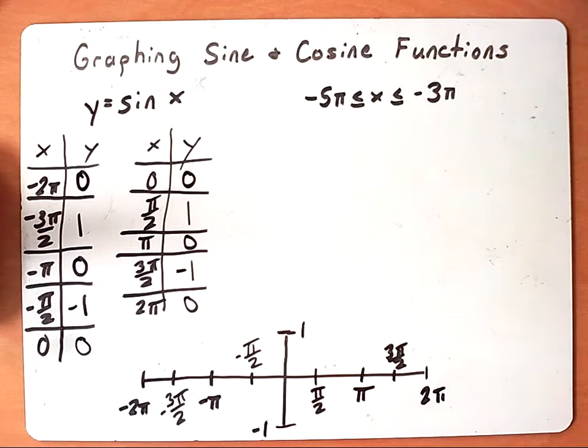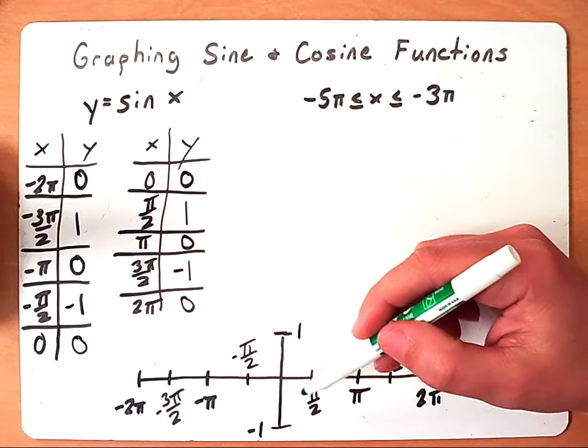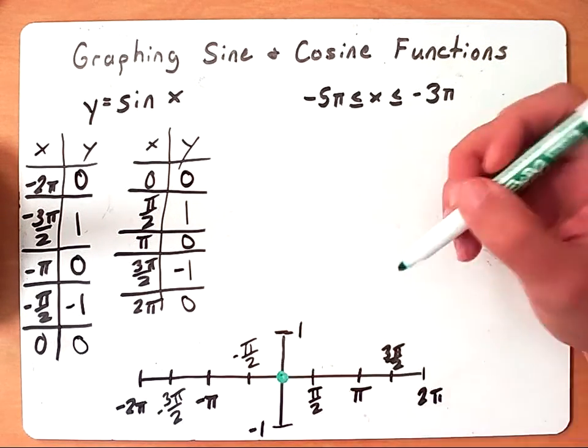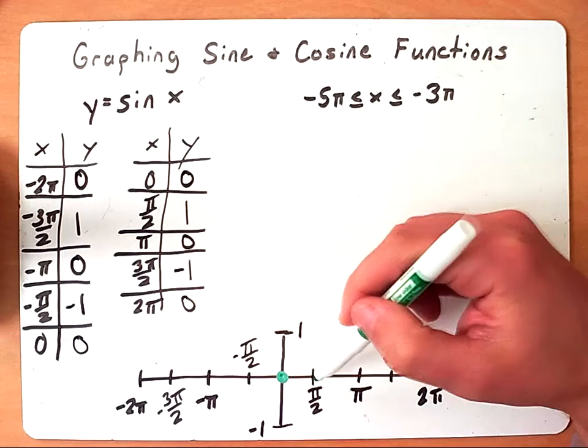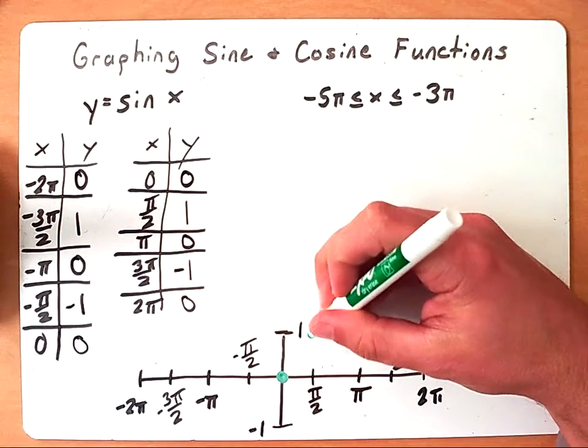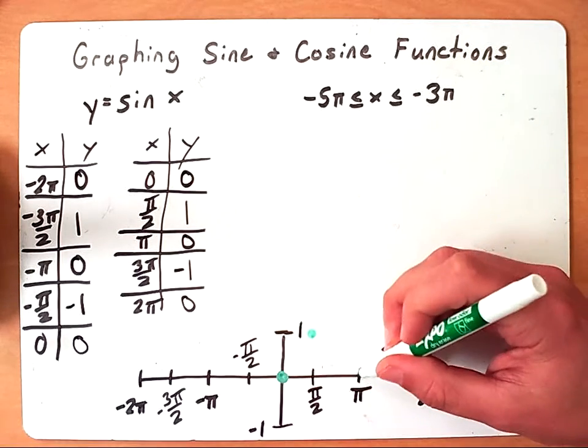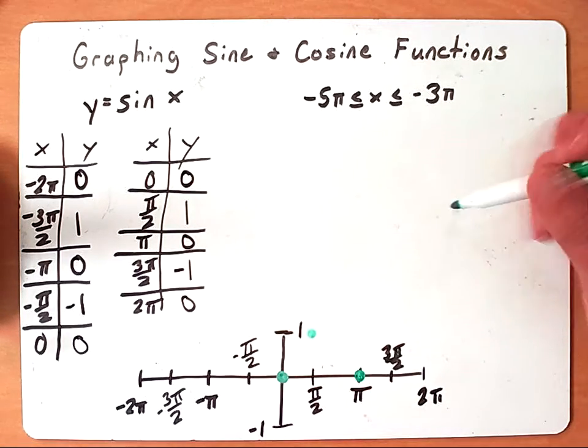Now, since we have these points, we can take them and graph our sine function. So I'm going to start here at 0. I know that at 0 my sine function is 0, so we're going to put a dot here. I know that at pi over 2 it equals 1, so we'll put a dot up here at 1. I know that at pi it equals 0, so we'll put a dot back here on the x-axis.